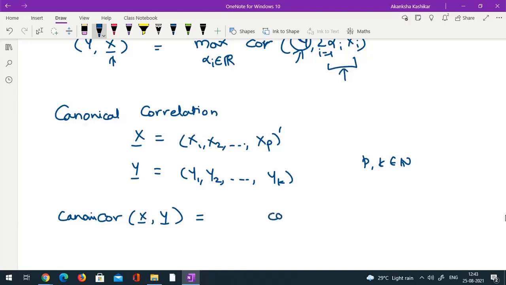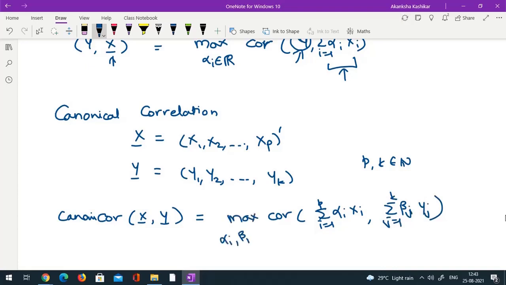So this will actually be correlation between sum over alpha i xi, i going from 1 to p, and sum over beta j yj, j going from 1 to k, and you choose alpha i's and beta j's in such a way that this correlation is maximized.